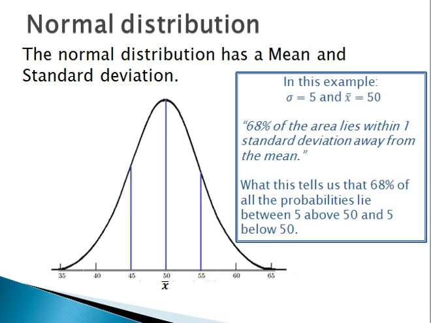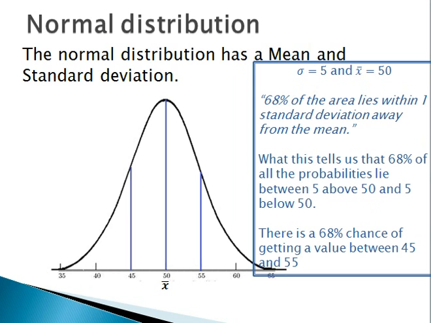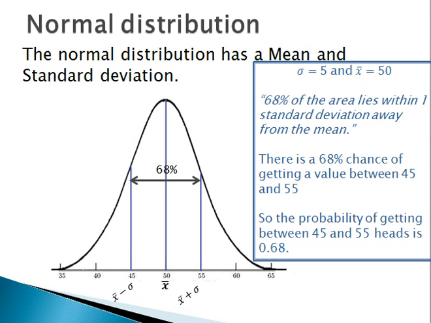This tells us that 68% of the probabilities lie between 5 above 50 and 5 below 50. And if you think about it, that means that there's a 68% chance of getting a value between 45 and 55. Meaning, if I toss a coin 100 times, the probability of getting between 45 and 55 heads is 0.68.